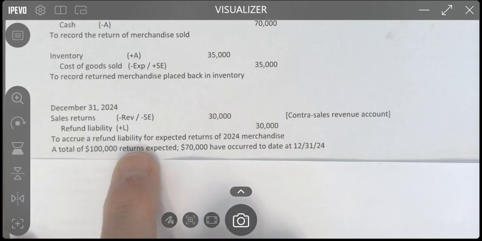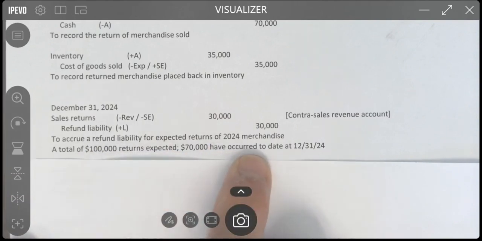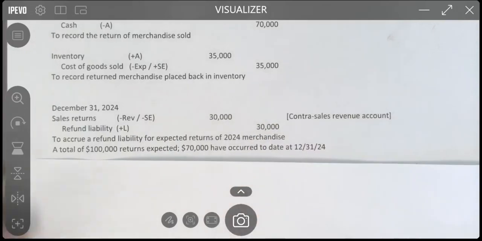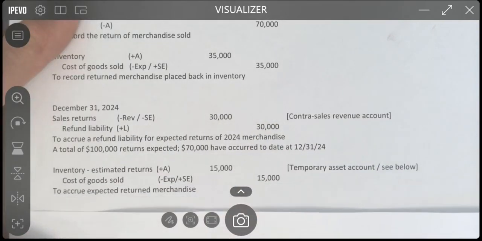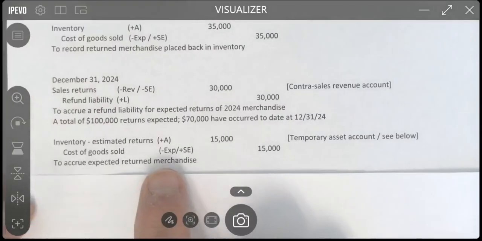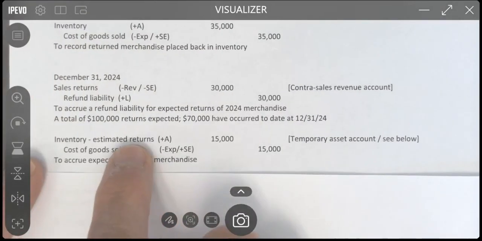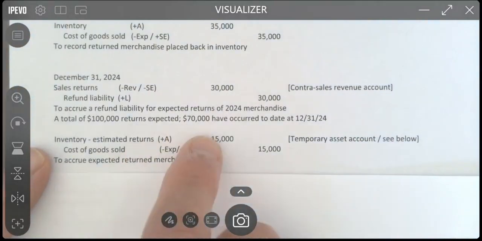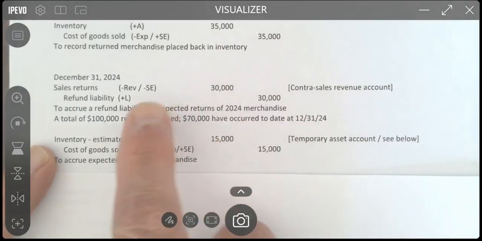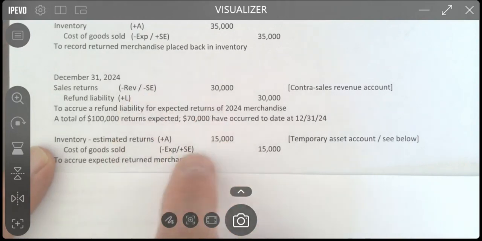A total of 100,000 returns are expected. 70,000 have occurred as of the end of the year. So 30,000 more are expected. And by the way, we also don't want to understate inventory. So we go ahead and act as if this inventory is back in place. Since we took the sales out, we have to assume the inventory is in.